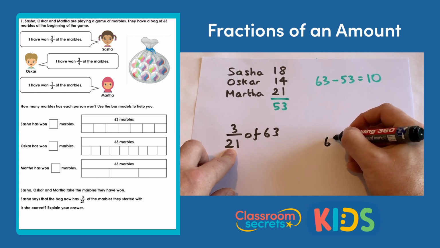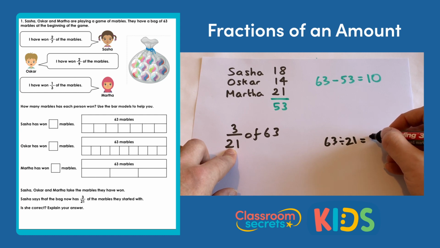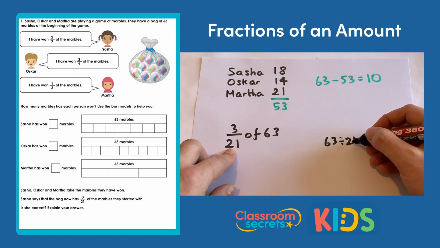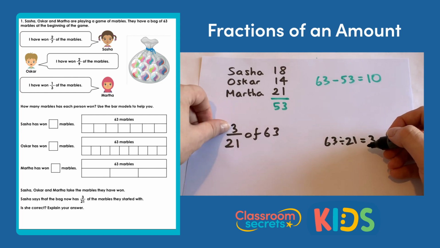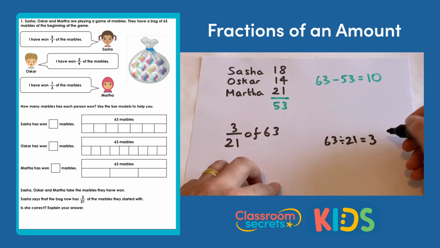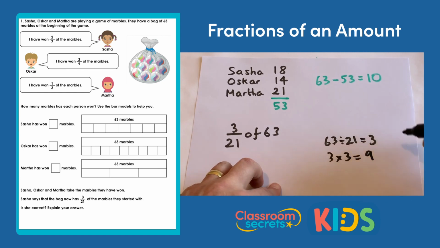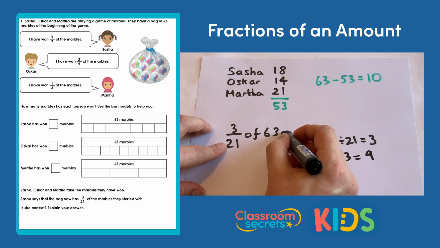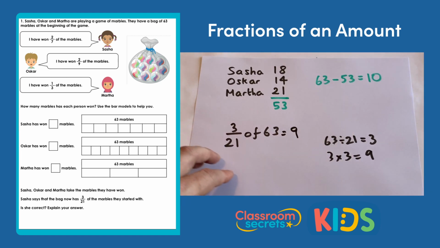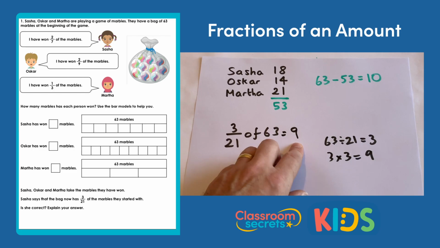So we're going to divide 63 by 21. 63 divided by 21 is 3. So each of those 21 groups has 3 marbles in. We're talking about 3 of those groups though, which is 3 lots of 3 marbles. So 3 multiplied by 3 is 9. So 3/21 of 63 is 9. So Sasha is not correct because there are 10 marbles left in the bag, not 9.